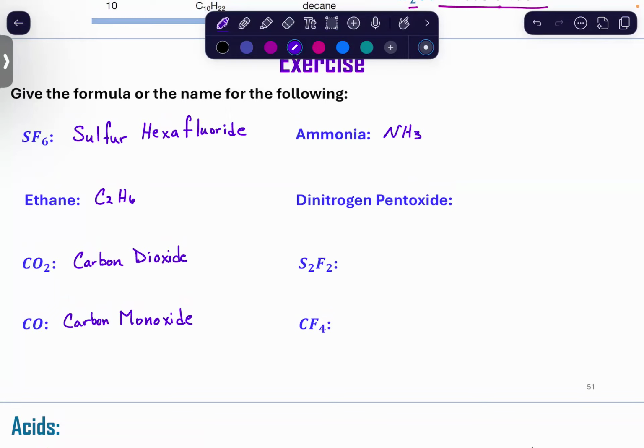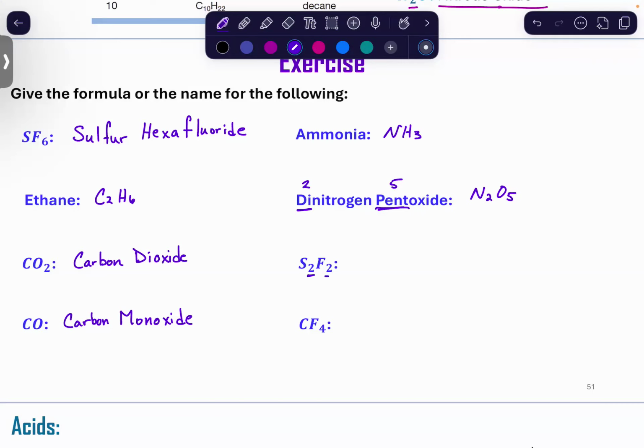Here we go, dinitrogen pentoxide. Really what I do is I'm going to put down exactly what it tells me. Dinitrogen, di is 2, penta is 5, so N2, pentaoxide, O5. Let's see, S2F2.